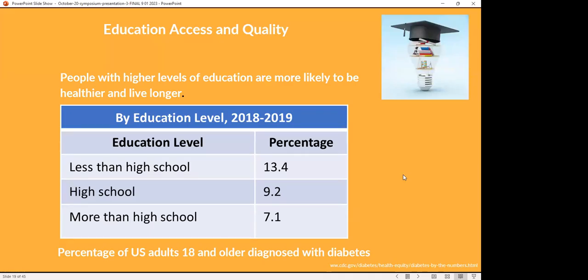This is also from the CDC and shows individuals that have more education, again from 2018, 2019, the percentage of US adults 18 and older diagnosed with diabetes. And you can see very similar numbers that we have with education as well as with income.